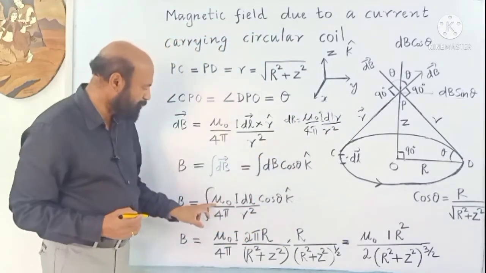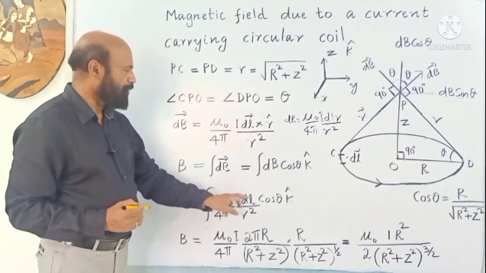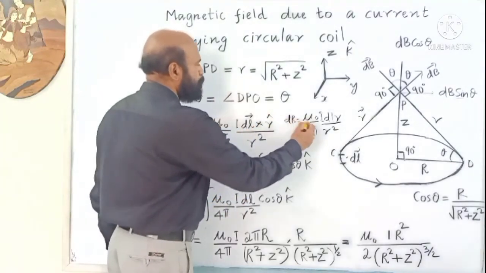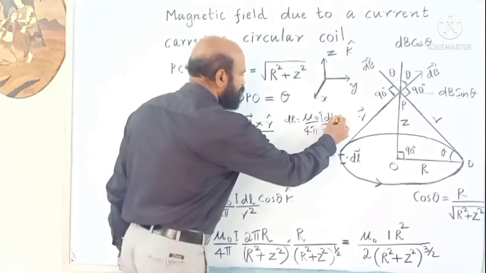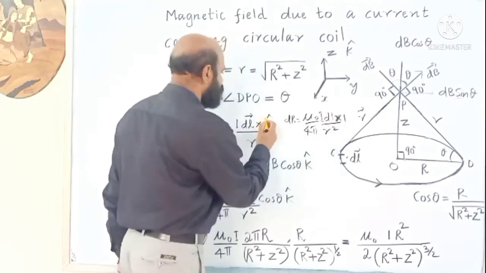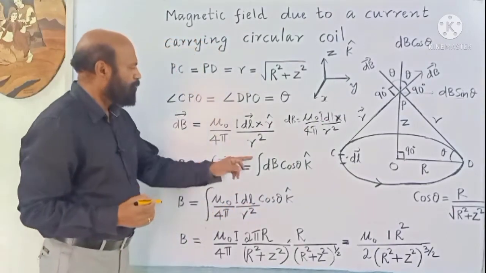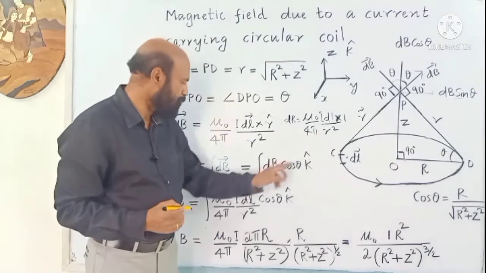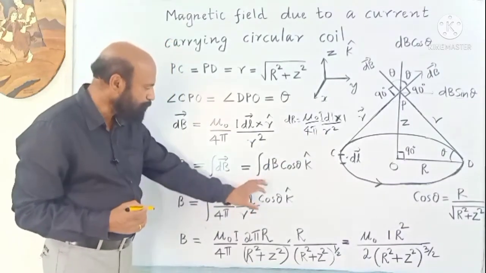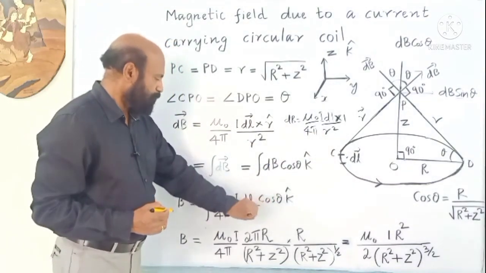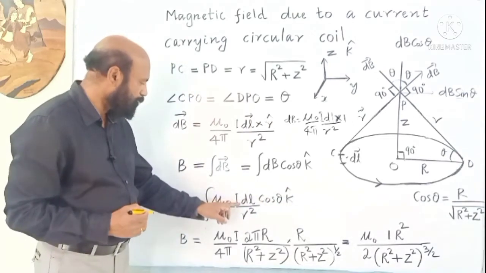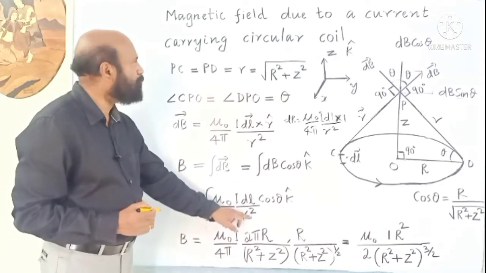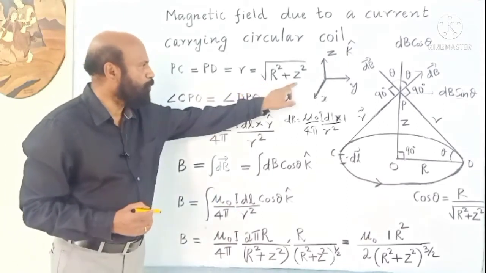For this dB we can write mu 0 divided by 4 pi, I dl by r square, then cos theta. The magnitude of r cap is unity. For this r square we can write capital R square plus z square.